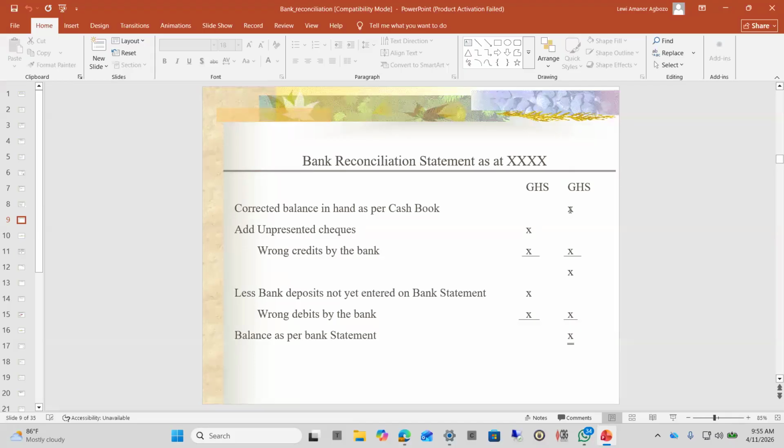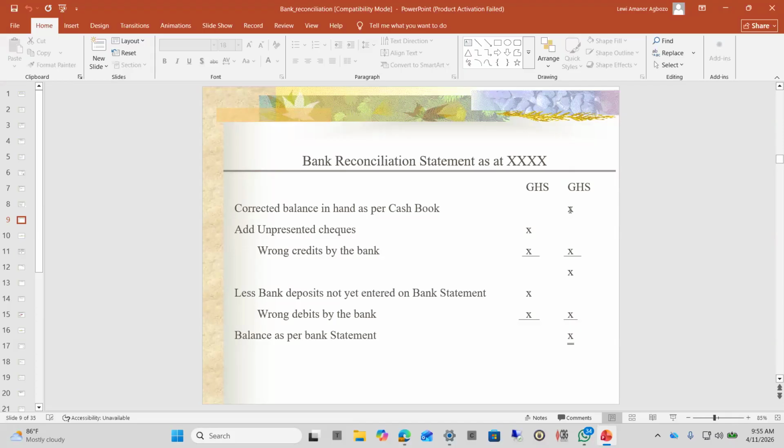Then the next item to consider is wrong debits, or direct debits by the bank. Debits by the bank are payments the bank has made without your knowledge. Like I said, it could be a standing order, or a charge the bank has made, which you don't know about.